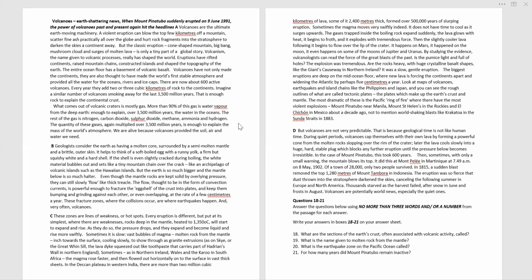So what was it? Just give a quick try. I just went through this magma part and then I thought maybe this one. Okay, let me write, maybe wrong. What is the section of the Earth's crust often associated with volcanic activity called? Where did I find this magma?